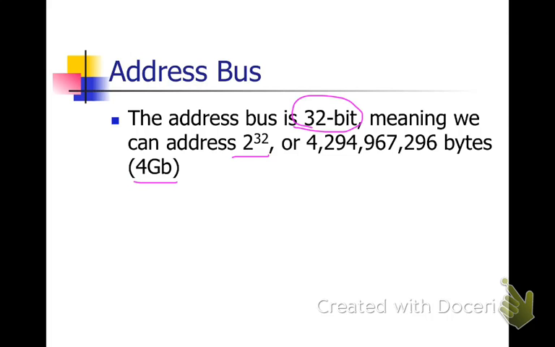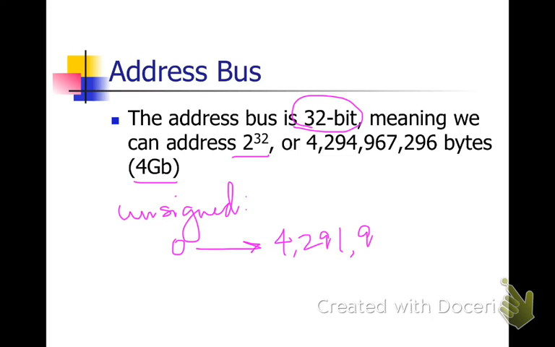So 2 to the 32 is that. For the unsigned range, this means I can start with byte 0 all the way to 4294967295, okay? So I can have that many bytes, each one that has its own unique address.